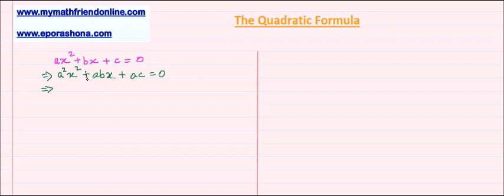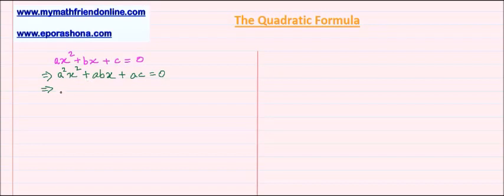We have a plus sign, so we will be going for the a plus b whole square identity. If it was a minus sign over here, then we would have gone for the a minus b whole square identity. So we will be choosing a plus b whole square or a minus b whole square depending on this sign.